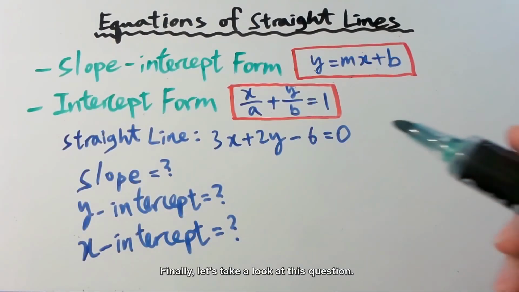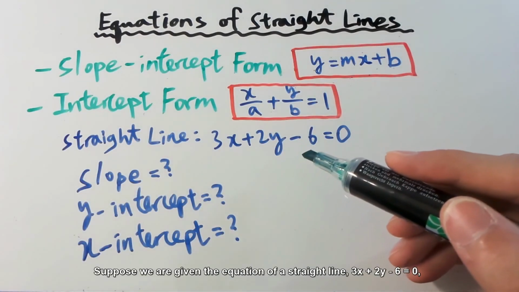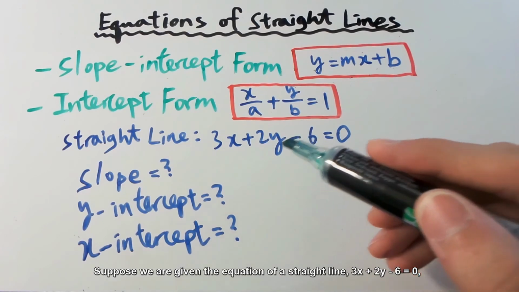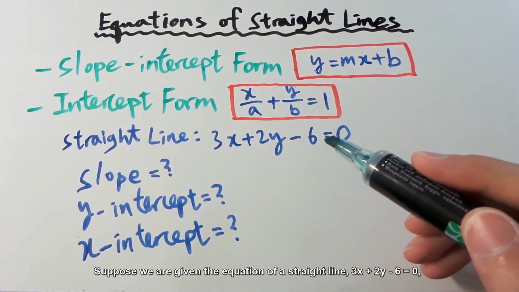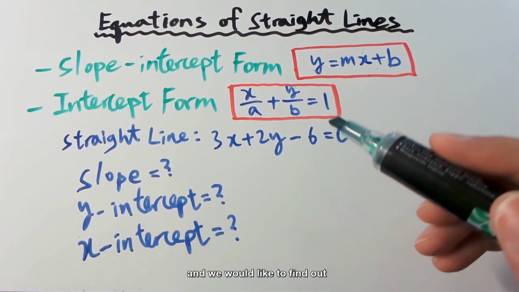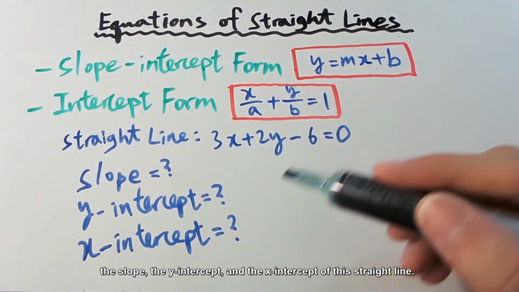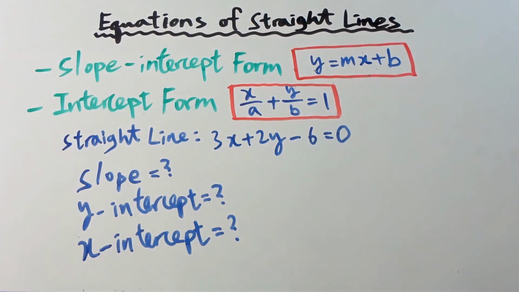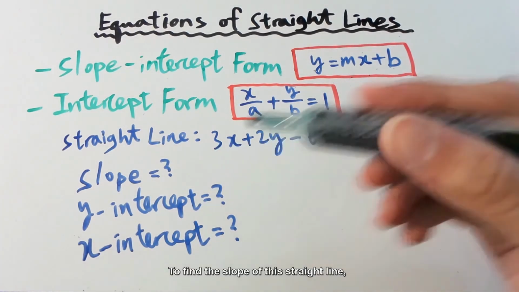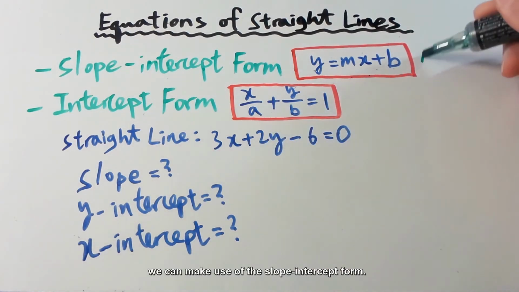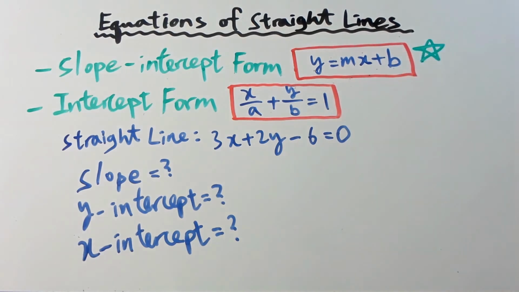Finally, let's take a look at this question. Suppose we are given the equation of a straight line 3x plus 2y minus 6 equals 0. And we would like to find out the slope, the y-intercept, and the x-intercept of this straight line. To find the slope of this straight line, we can make use of the slope-intercept form.